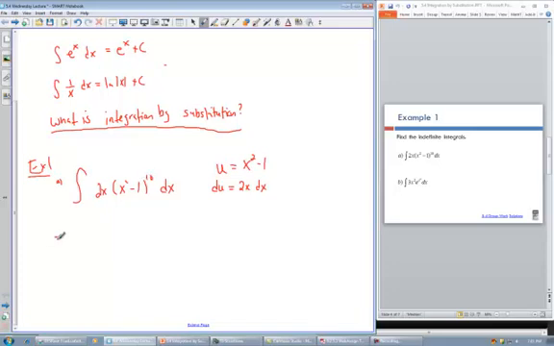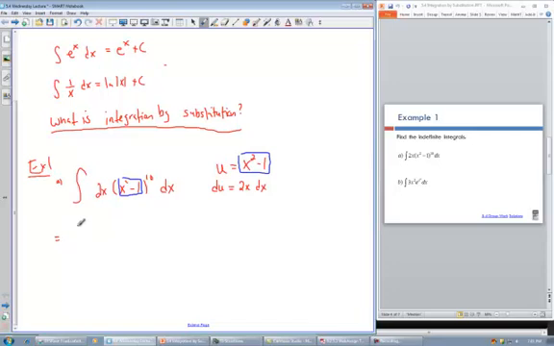So this is going to equal, and let me change colors here. What I'm going to do is find my u. So here's my u right there. Instead of a circle, let me use a box. So here's my u. Where I see x squared minus 1, I'm going to write a u.